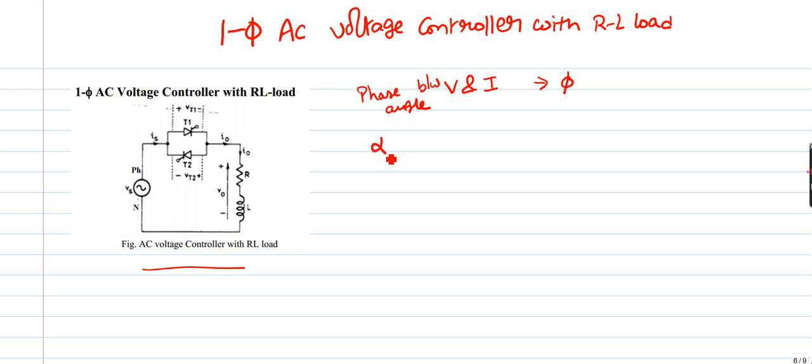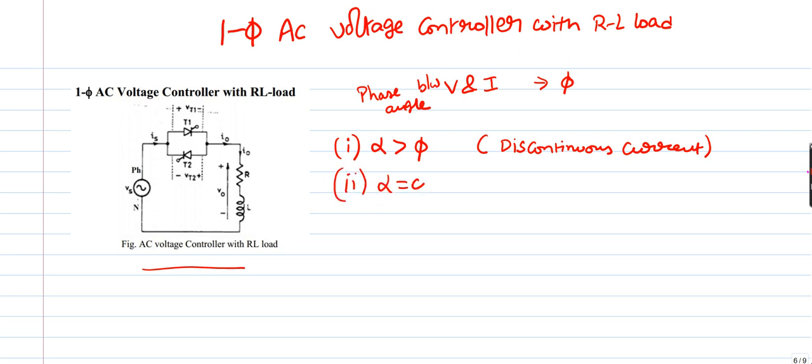So let us consider the firing angle alpha is greater than the phase angle, then we are going to have discontinuous current, so discontinuous conduction mode. If the firing angle is equal to the phase angle, then it will be continuous current or continuous conduction.